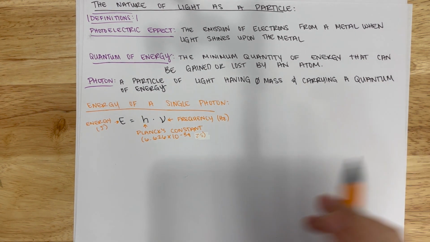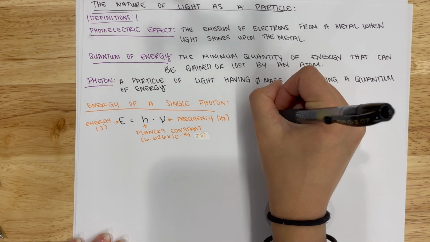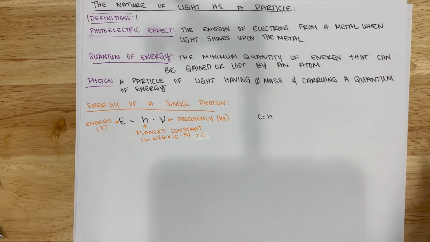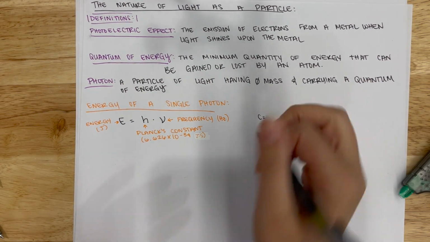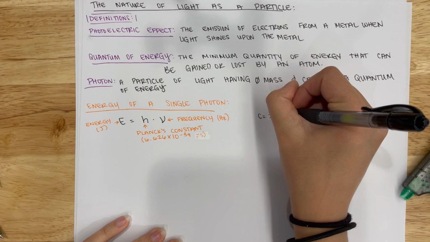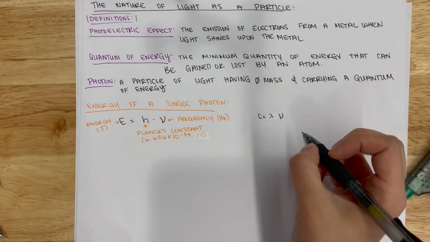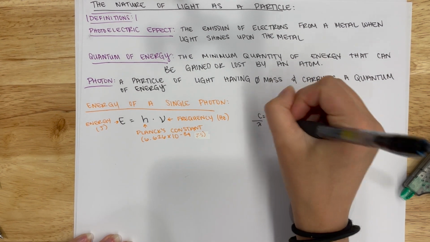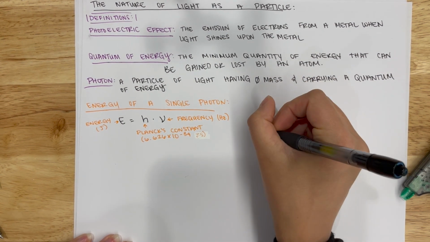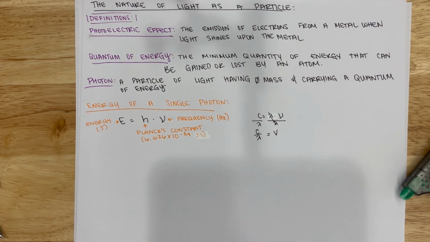But we can also think back to our last equation, right? Where we know that our wavelength times our frequency is equal to the speed of light. Now, if we divided both sides by wavelength to get frequency on its own, we would find that our frequency is equal to the speed of light divided by wavelength.